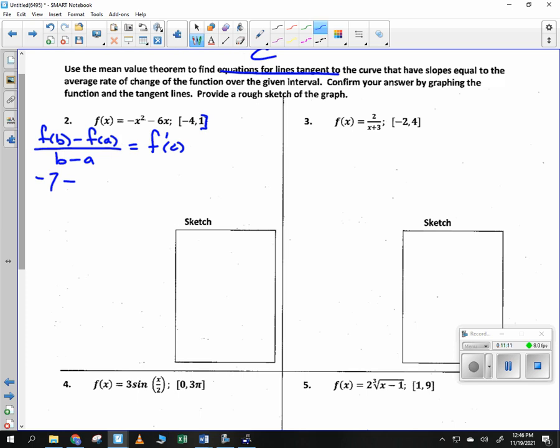What's negative 4 squared? 16. Make it negative. So I have negative 16 minus, and then what's a negative 4 times 6? 24, so it'll be a plus 24. Everybody? Yeah. So it's negative 7 minus what then? 8. So if I plug in a negative 4 here, the negative 6 and negative 4 are going to turn to a positive 24.